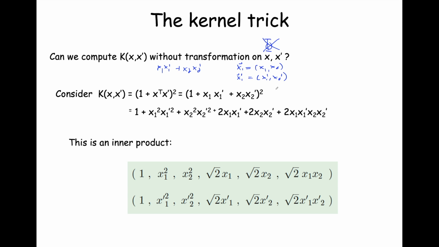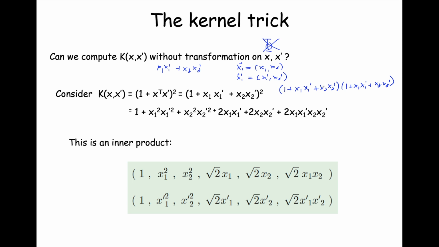And that comes from, if we were to multiply 1 plus x1, x1 prime plus x2, x2 prime by itself, 1 plus x1, x1 prime plus x2, x2 prime. Well, we have all the square terms. Let's look at the cross terms.